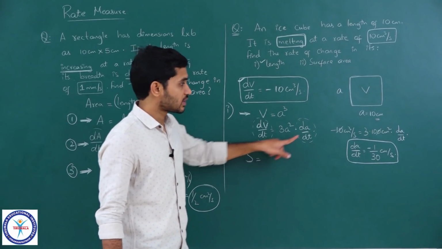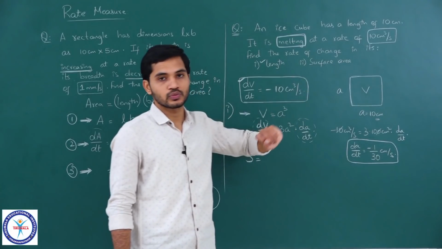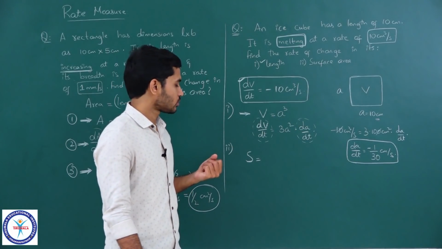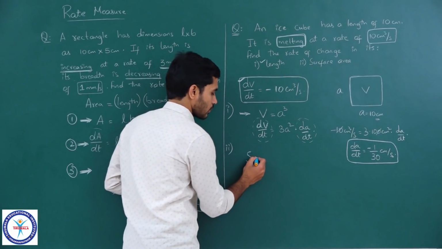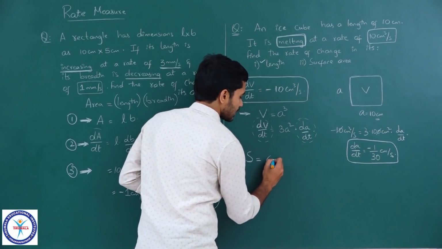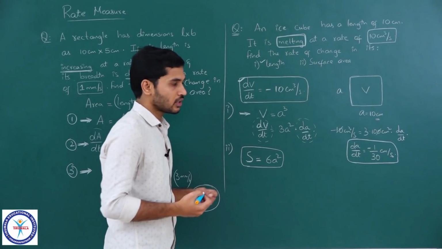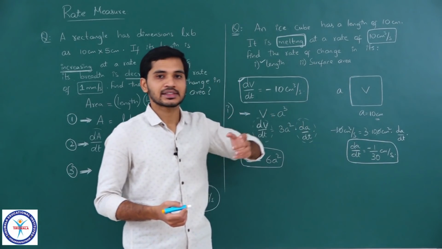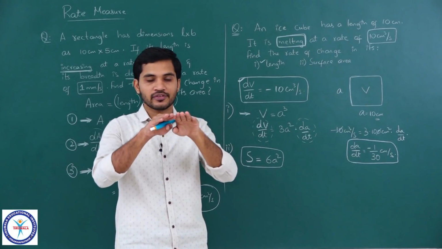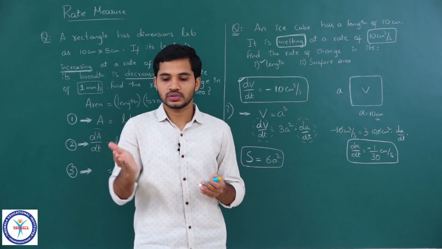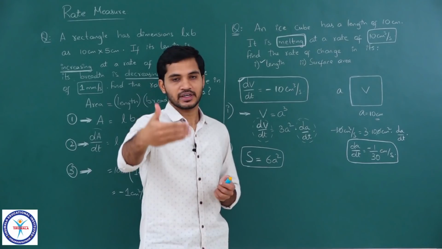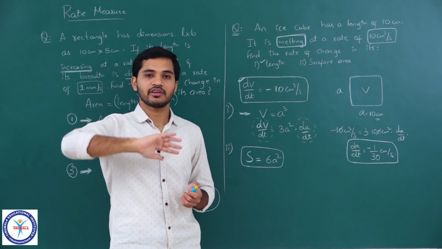So, what is the surface area of a cube? So, that would be 6a square. I hope you know that, you would have studied this, because every cube has 6 square faces. So, 1, 2, 3, 4, and in front there will be one face and on the back side there will be another face.